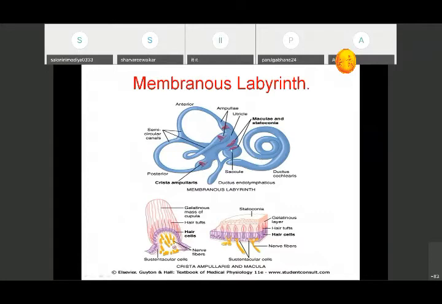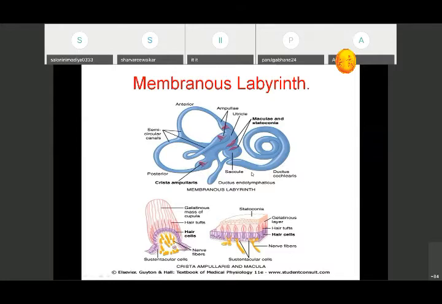Now the vestibular apparatus consists of two enlarged sac-like structures called the utricle and saccule, and three semicircular canals. These three semicircular canals in turn are connected with the cochlea.